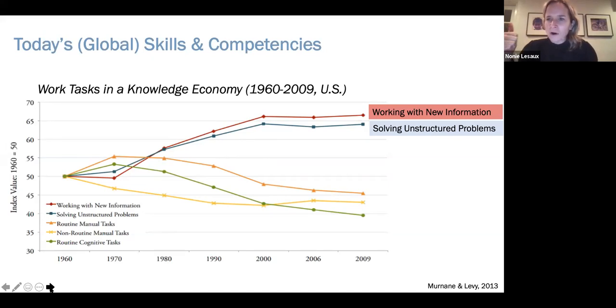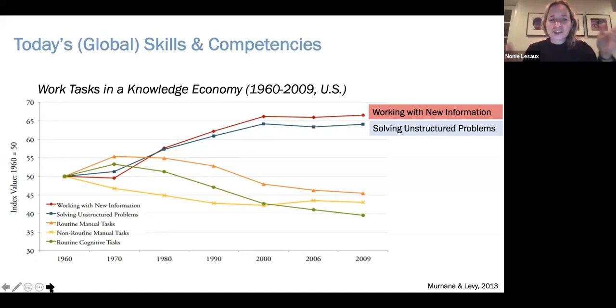One, working with new information, and two, solving unstructured problems. And you can see at the same time, this precipitous decline, this rapid decline in jobs that demand routine manual tasks, routine cognitive tasks, and even non-routine manual tasks, because you'll remember that we have machine learning, right?